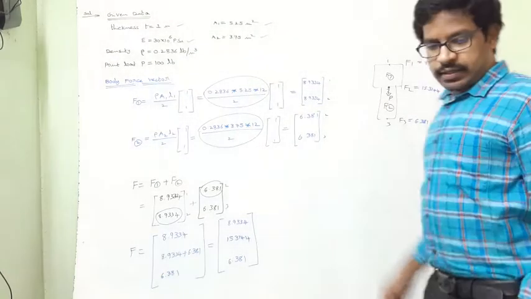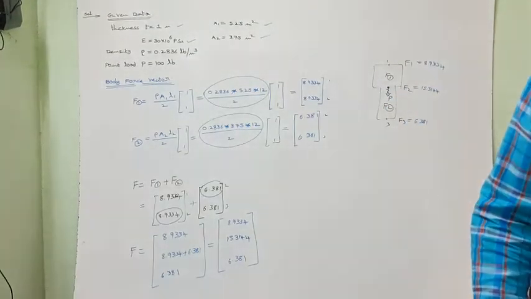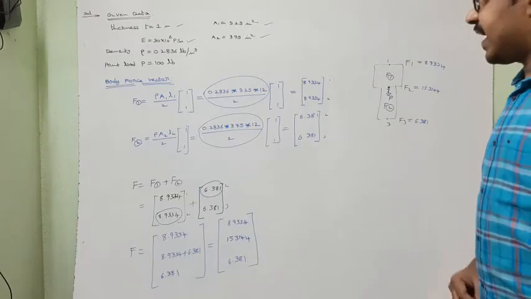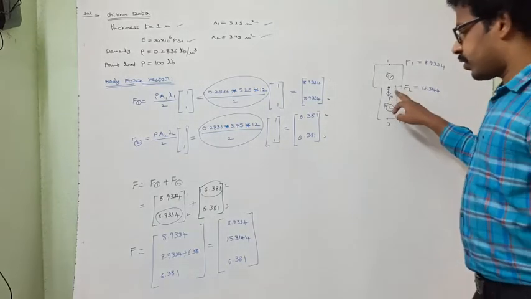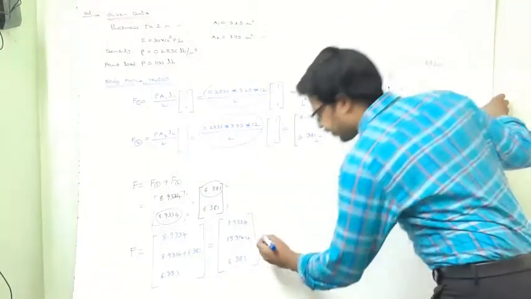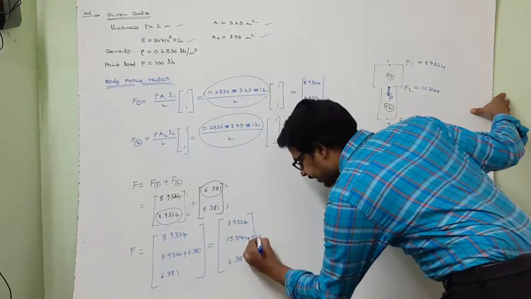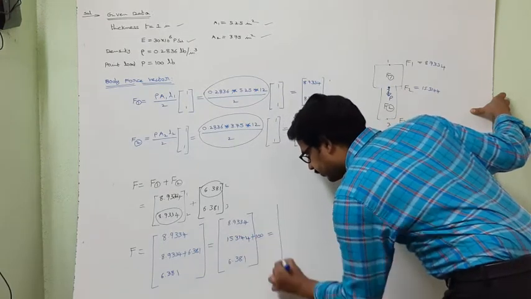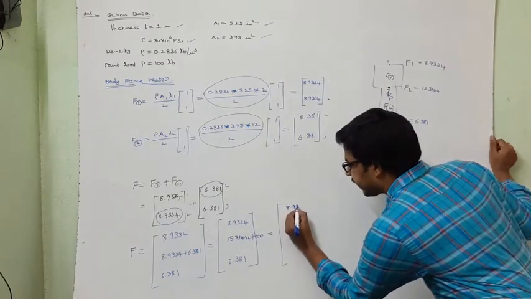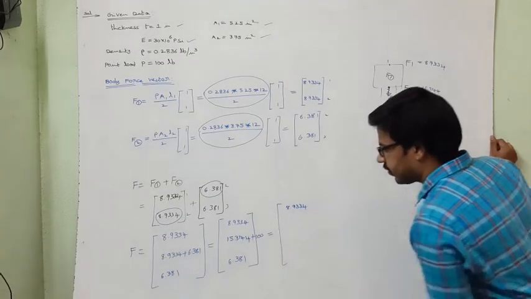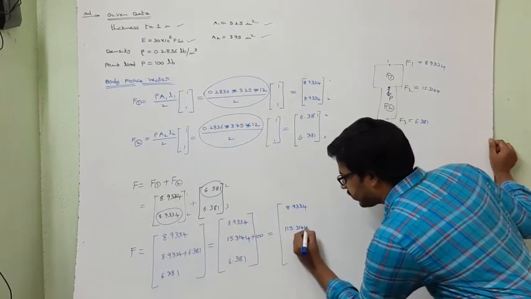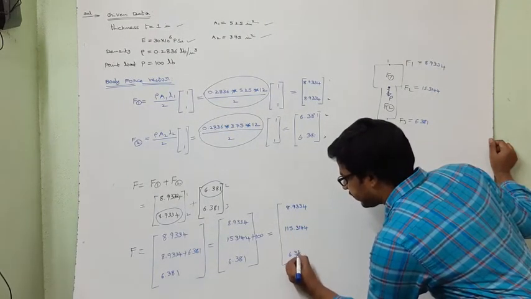So in the given problem, the externally applied global load vector F is assembled from the point load. So here we need to add the point load, plus 100, to the force values 8.9334, 115.3144 and 6.381.